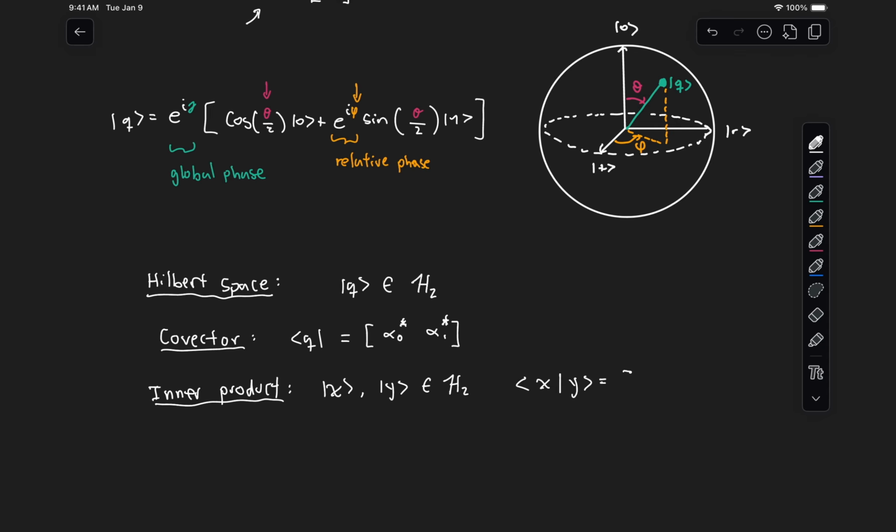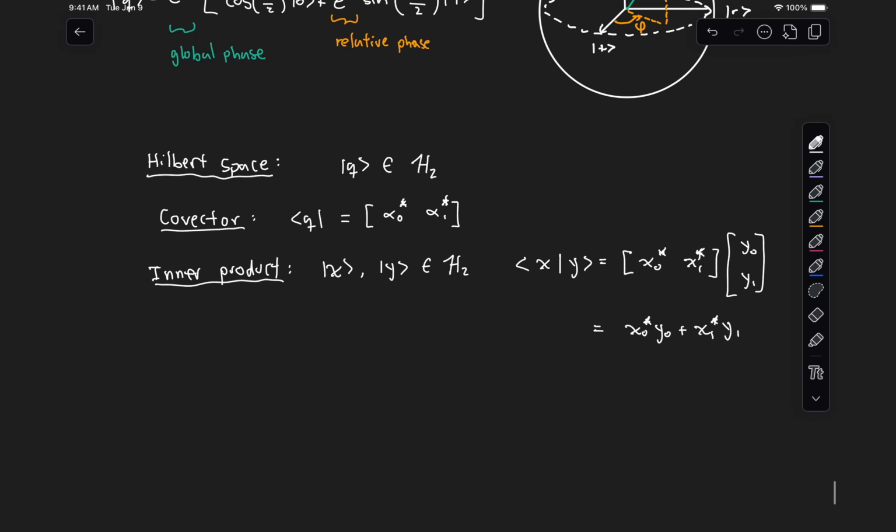So that will give us, for example, if x has components x0, x1, since we're taking the bra, that will be the complex conjugate of those entries times the column representation of y with components y0 and y1. And if we multiply these two, what we get is x0 complex conjugate times y0 plus x1 complex conjugate times y1.